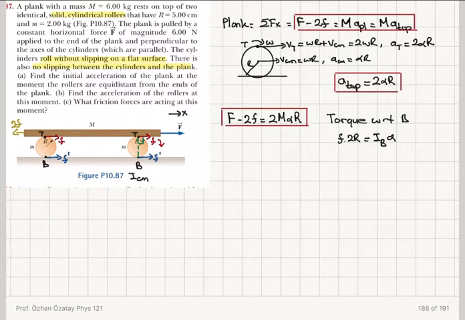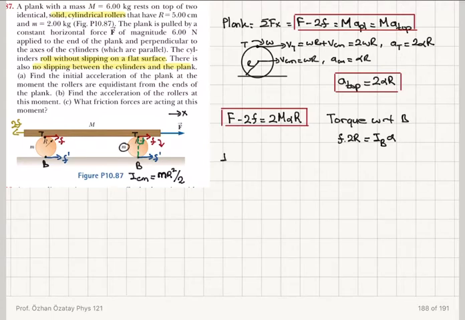And at this point, I see that it's a cylindrical roller. So for rotations around the central axis, the moment of inertia is equal to m r squared over 2. I recall this from previous examples.